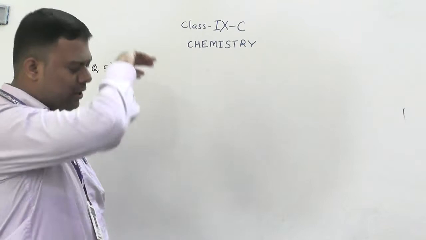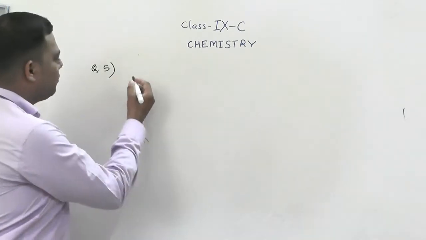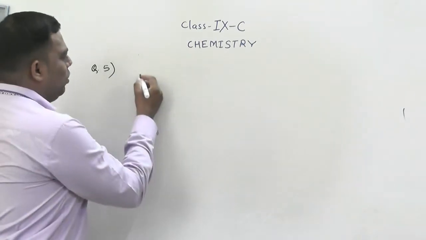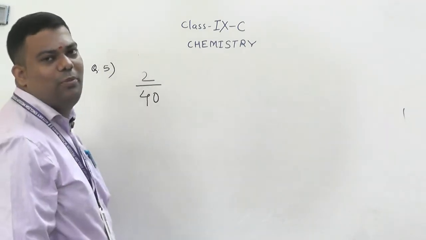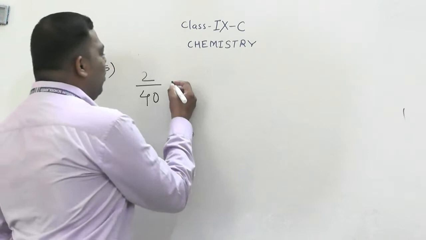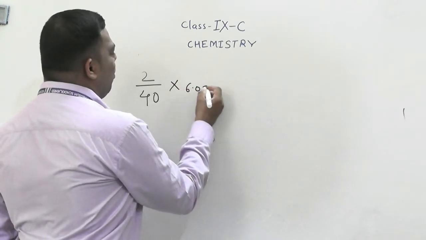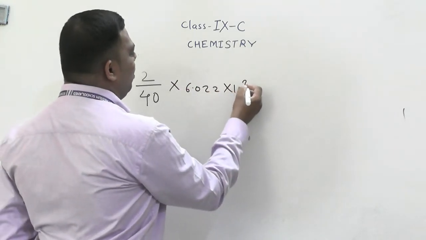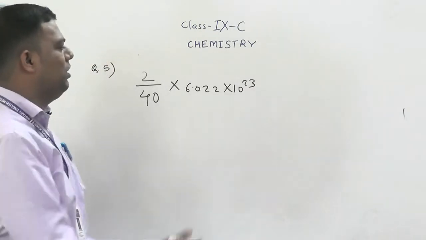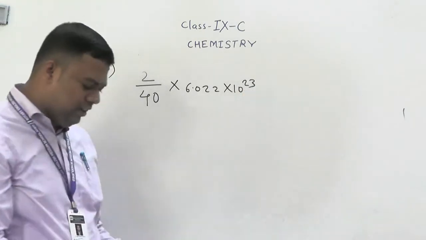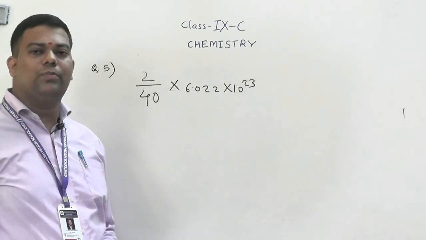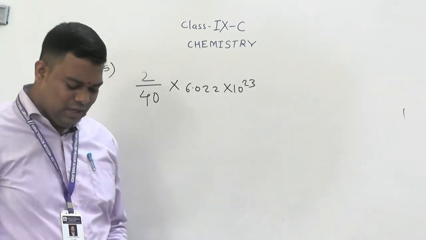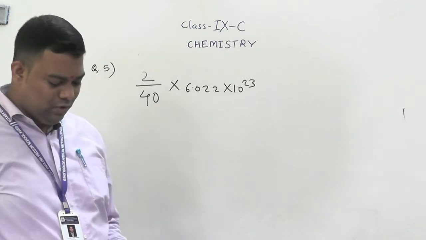So see, 2 gram of calcium: 2 divided by 40, where 40 is the atomic mass of calcium, into your Avogadro number, 6.022 into 10 raised to 23. After solving you will easily get the answer, that is option d, 3.011 into 10 raised to 22 atoms.